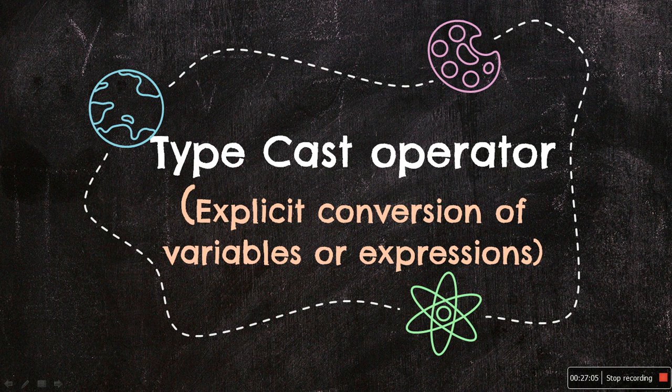Okay, so next is the typecast operator. It is basically used for explicit conversion of variables and expressions. C++ permits explicit type conversion of variables or expressions using the typecast operator.